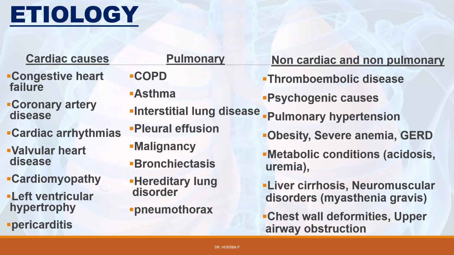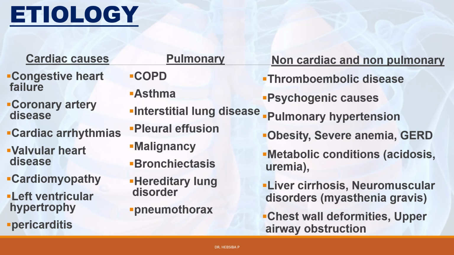In thromboembolic disease, there are emboli from any part of the body that move and may enter the pulmonary capillaries. So pulmonary capillary blockade as well as congestion develops. Then psychogenic causes: because of psychogenic factors there is a hyperventilatory state, so the patient feels dyspnea.